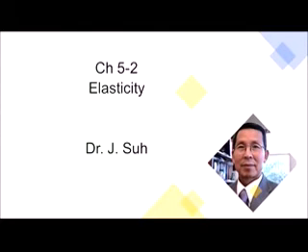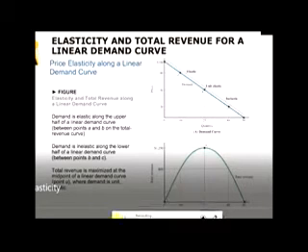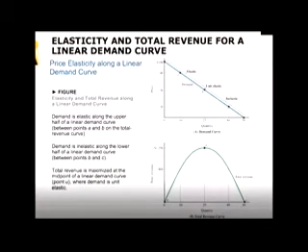Now, an interesting thing about price elasticity and demand curves is that even for a demand curve which is linear, meaning it has the same slope, so the change in price for a given change in quantity is the same anywhere on the demand curve, the price elasticity changes.